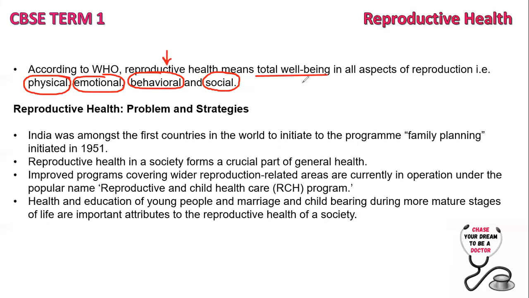A person is said to be reproductively healthy if he is in total well-being in all aspects of reproduction, like social, behavioral, emotional, and physical.